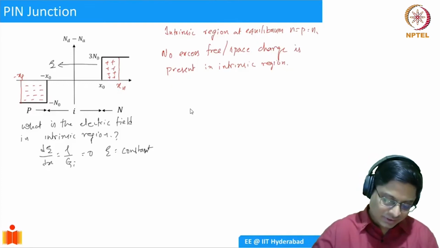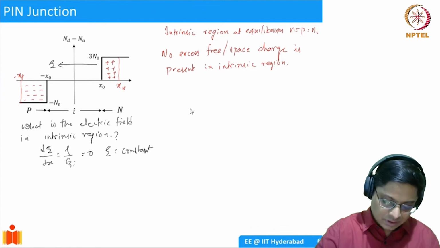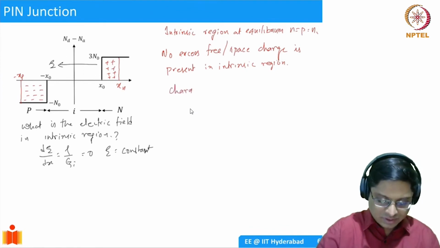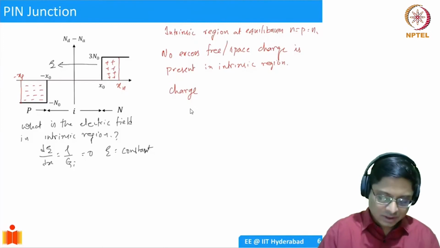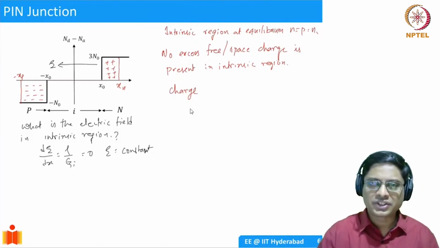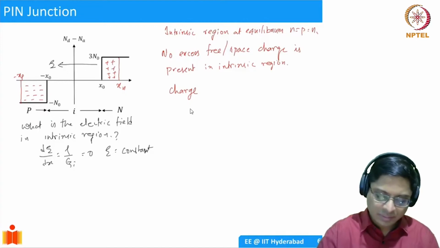The only difference here is, remember, we still have to satisfy charge neutrality, because there was no charge originally. Now we have some diffusion. Because of that, there is some space charge created, but still this charge neutrality should be maintained.